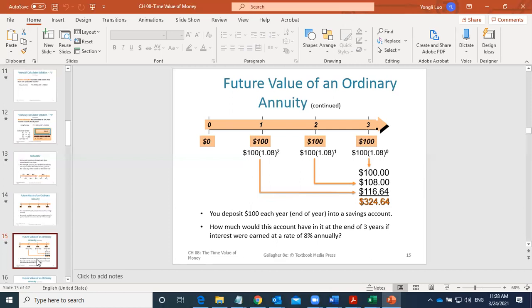So, for a time value of money problem, I strongly suggest you draw a timeline.